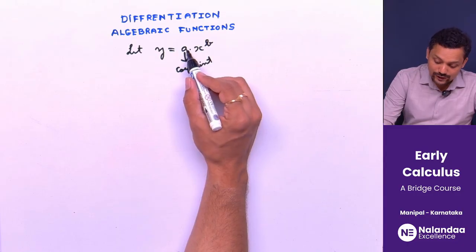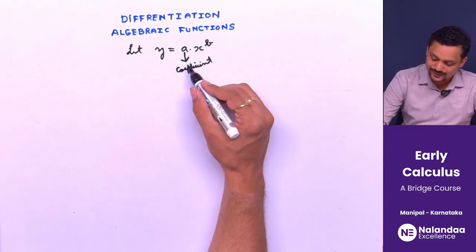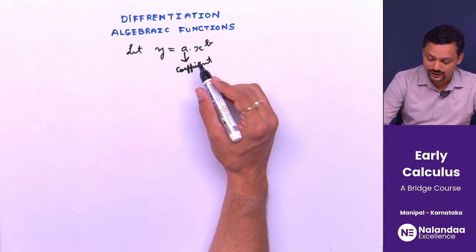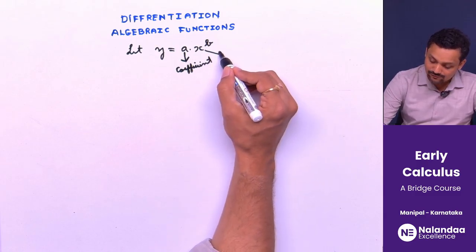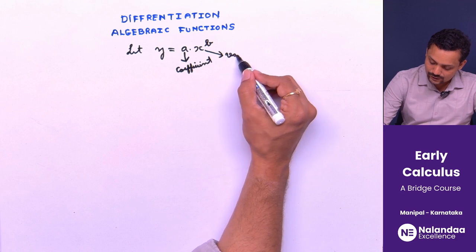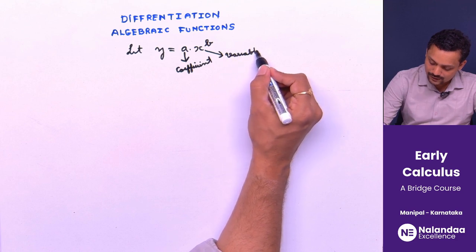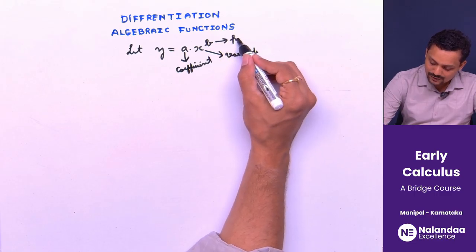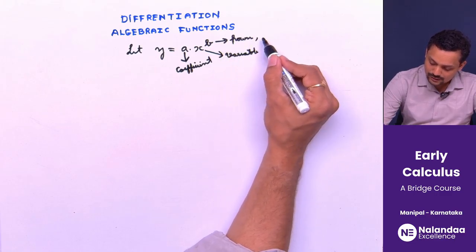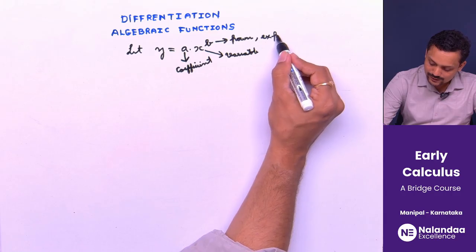So a is called coefficient of x power b. Then this x is called the variable, and this b is called power or exponent.